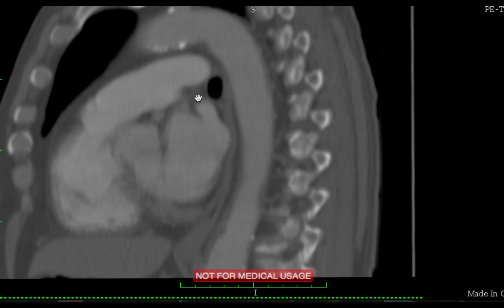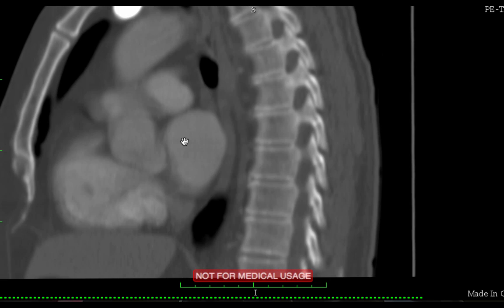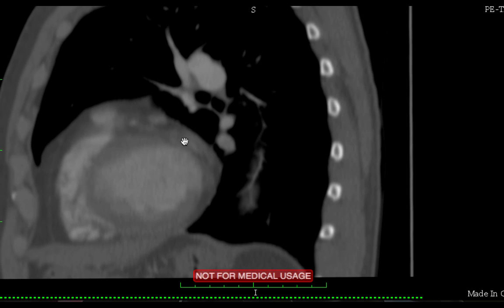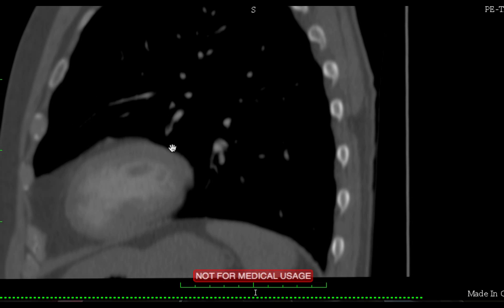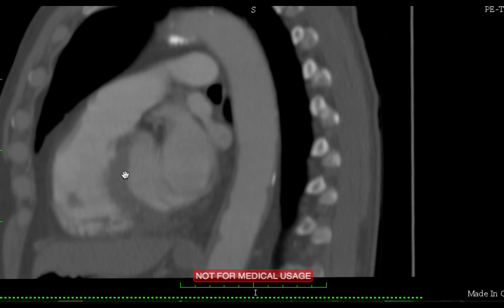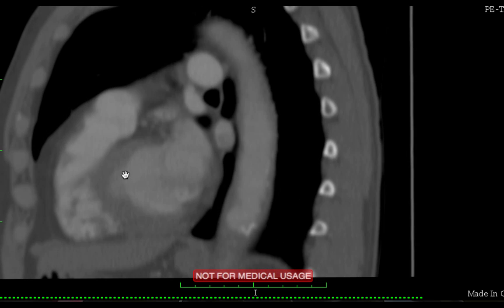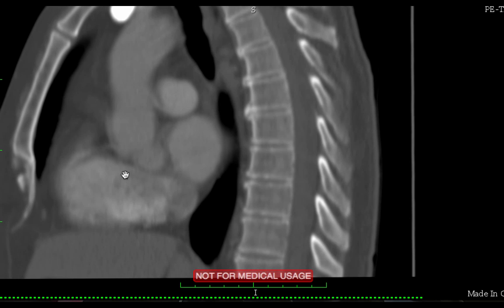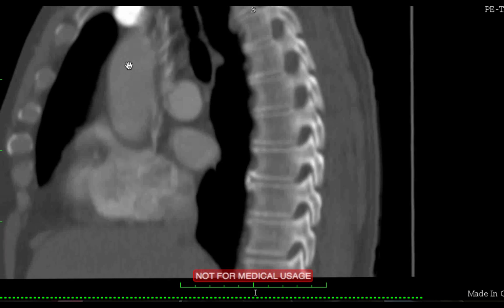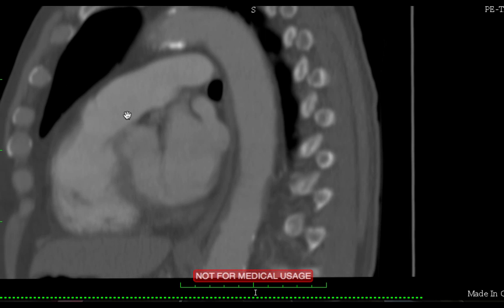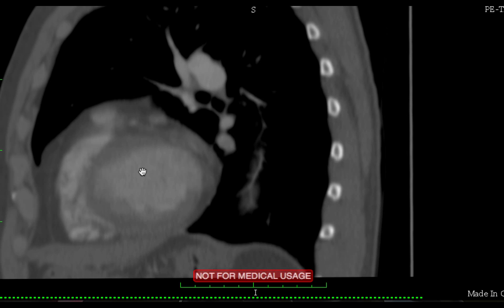I think I mistakenly commented that this was the left ventricle, but it goes into the left atrium and then into the left ventricle, which is here with the big thick myocardium, and then it goes out the aorta, and that's right here. See how that comes from this chamber here.